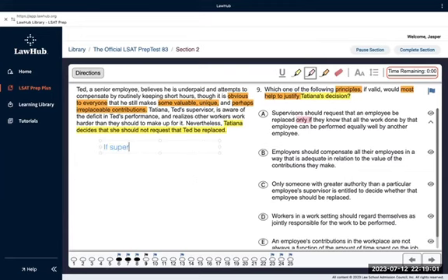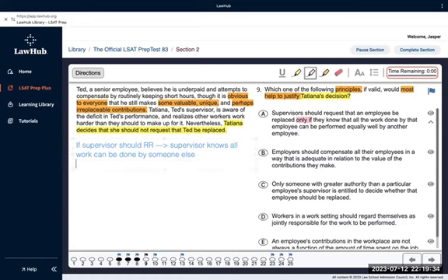So if a supervisor should request replacement, then all the work can be done by someone else, or, supervisor knows that all their work can be done by someone else. So we're just going to do a bit of a shorthand, of course, for it. We don't want to write all of that out all the time.